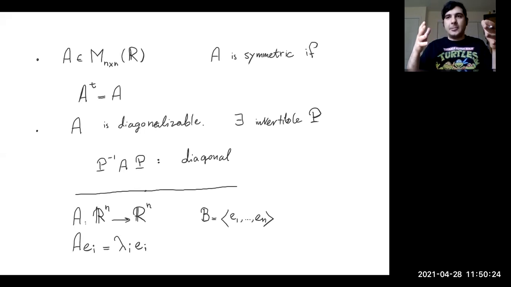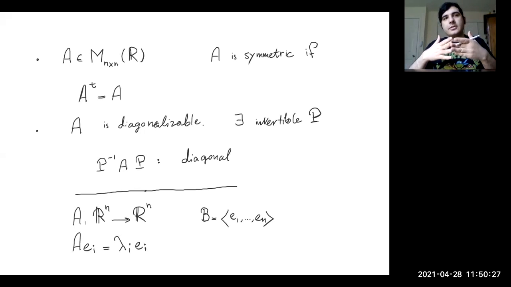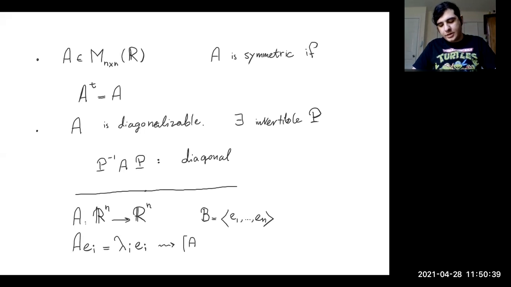So I can choose a basis for our vector space that is a basis of eigenvectors for A. In that case, if I change the basis and rewrite that operator in this new basis B, which is P inverse AP for some P, it would be this diagonal matrix.